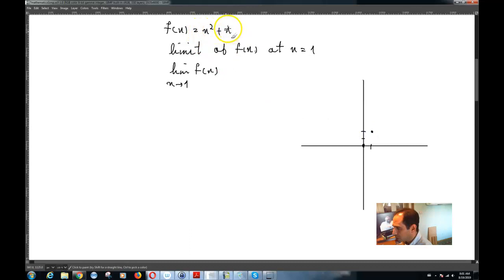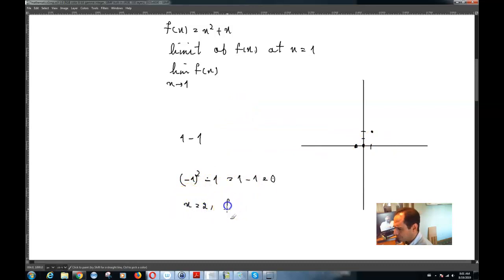If x is equal to negative 1, you will get negative 1 squared minus 1, which is equal to 1 minus 1, which is 0.